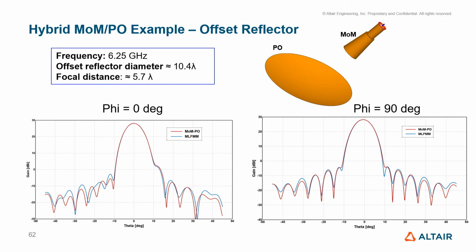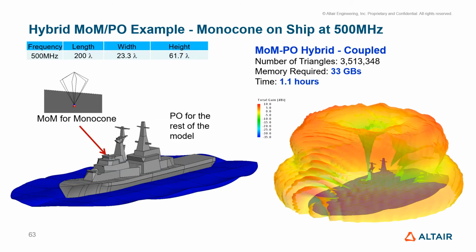Here, taking a slightly different problem with electrically large structures, a ship with a monocone placed on the deck. The ship is of a length of 200 wavelengths, 23 wavelengths in width, and height of 61 wavelengths. And of course, there is also seawater modeled with a lossy material around the ship.